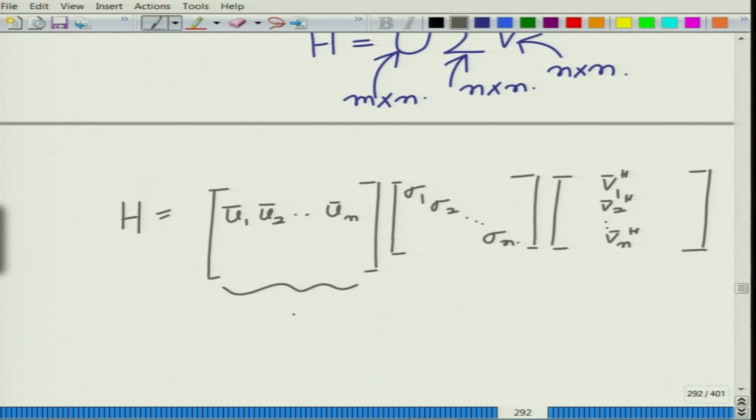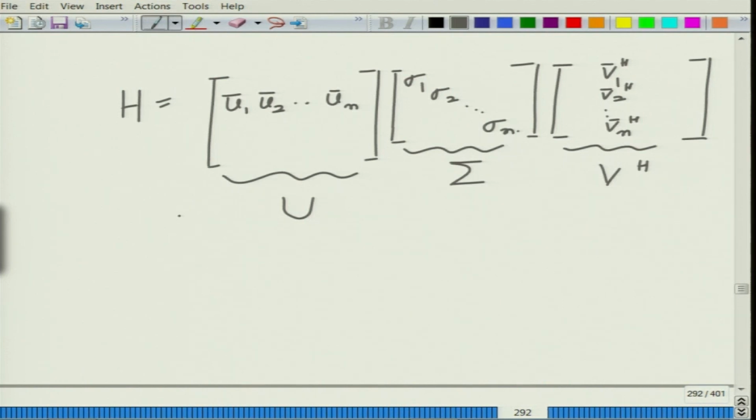So this is your matrix U, this is your matrix sigma, and this is the matrix V Hermitian. Okay, so these are the components of the singular value decomposition. This is basically how the singular value decomposition looks for a tall matrix H with m greater than or equal to n.